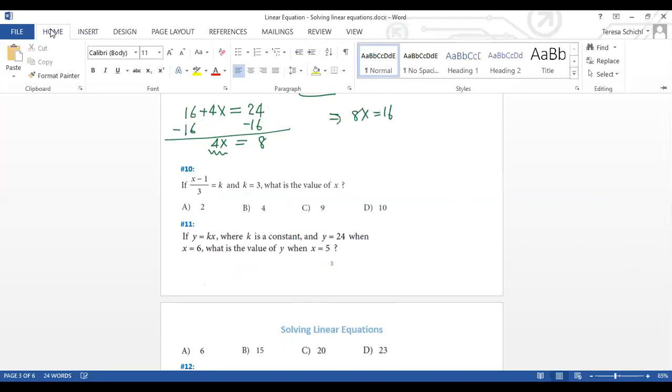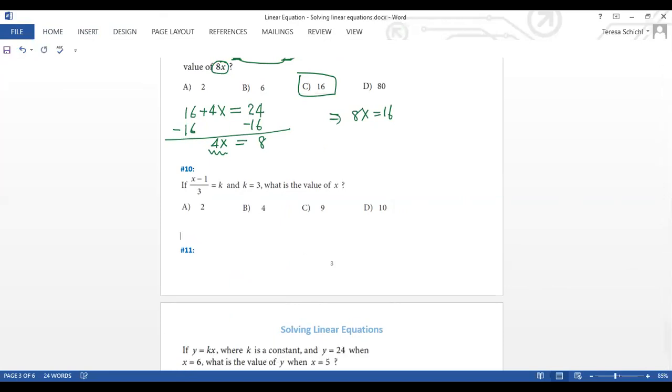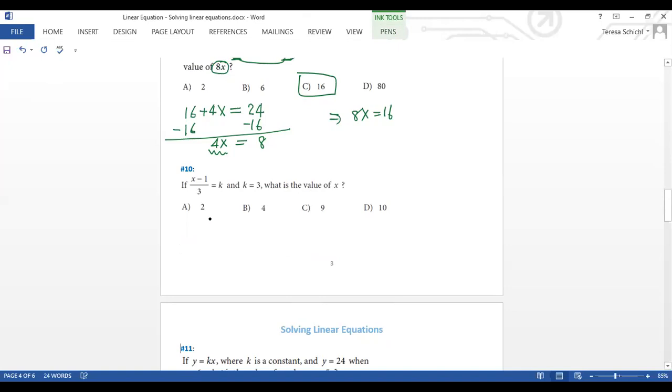Now let's take a look. The next problem is here. If x minus 1 divided by 3 equals k, and k equals 3, what is the value of x? It's the same thing here. This is x minus 1 over 3 is equal to 3. That's what the problem tells you.